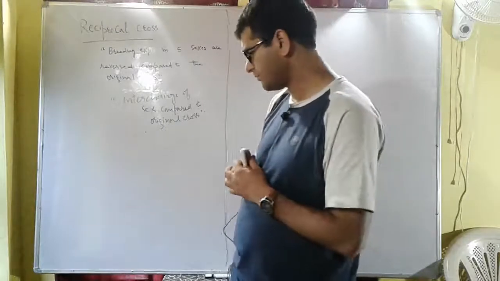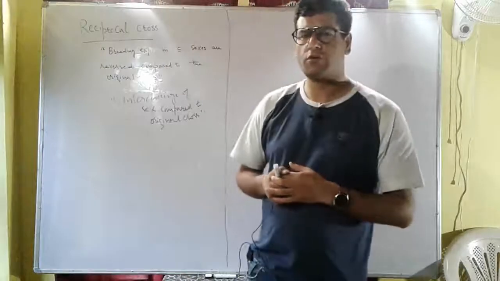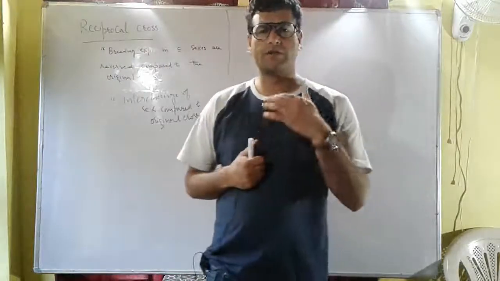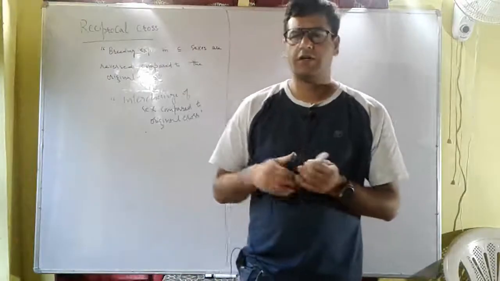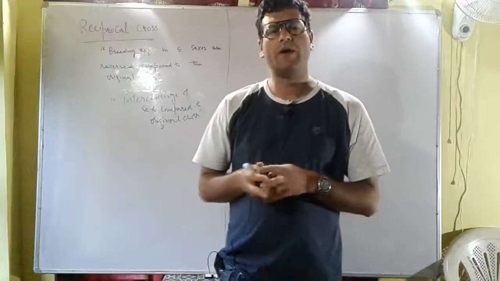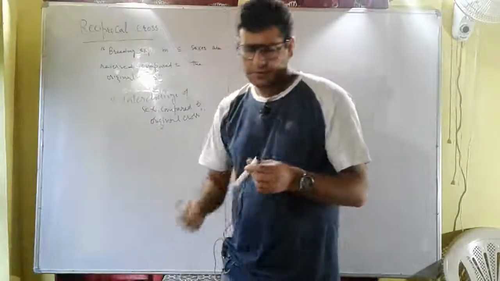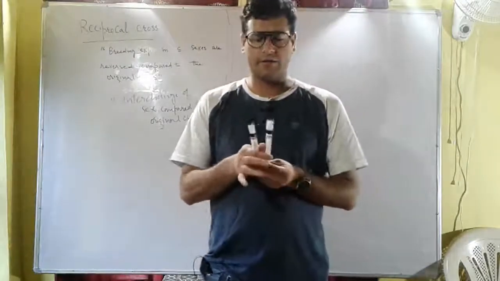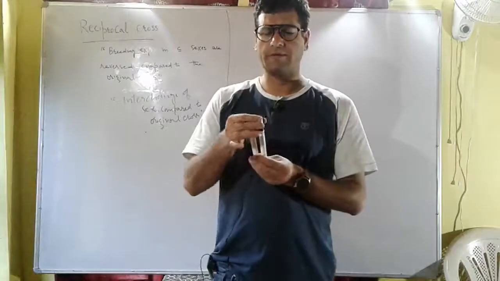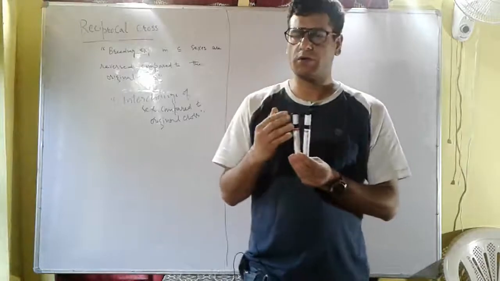original cross. It means that this reciprocal cross is a pair of crosses. For example, this is one individual, this is another individual. We are going to perform the reciprocal cross.